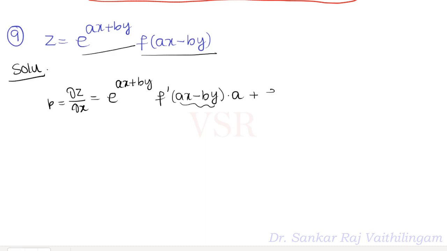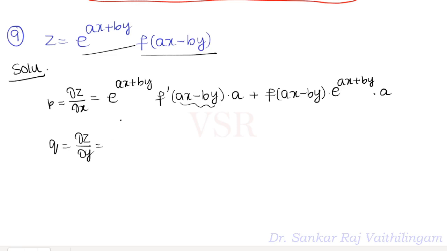அப்போ f of ax minus by into e to the power ax plus by, இதை differentiate பண்றேன், will have this is equal to a. சரி, இதே மாதிரி q which is equal to dou z divided by dou y.